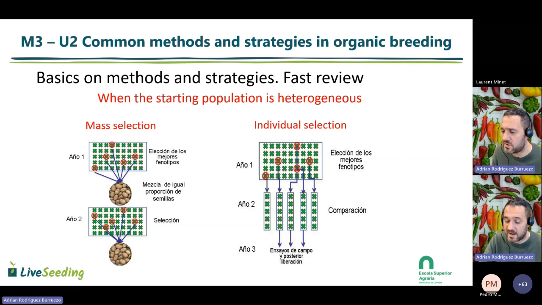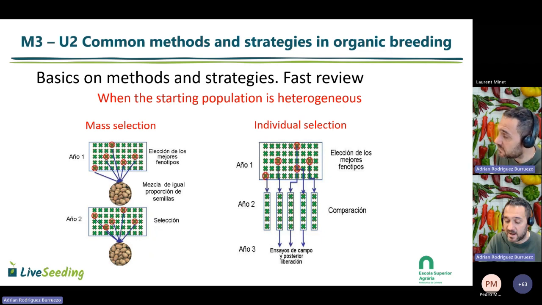Okay, I have enough diversity in the starting population. Well, no need of hybridization or introducing new varieties in my program, etc. Okay, in such cases, we have two main strategies: mass selection and individual selection.